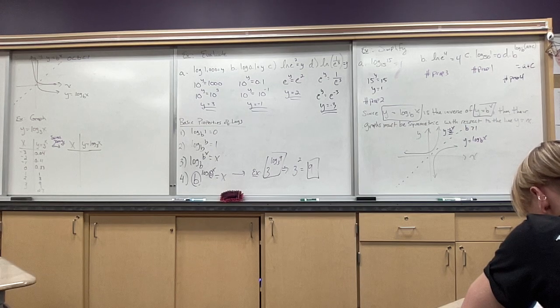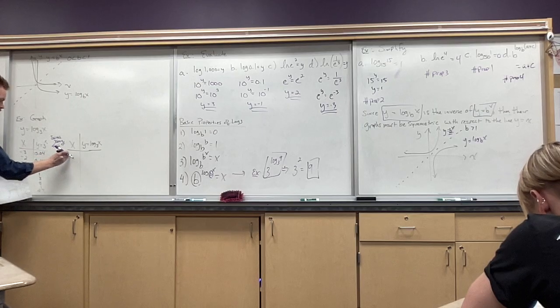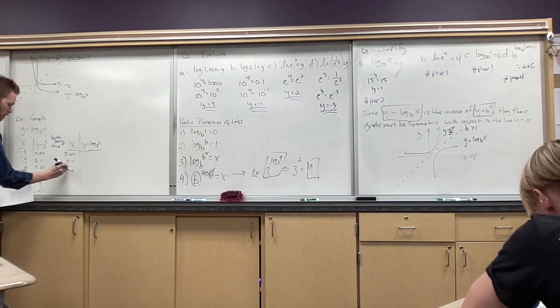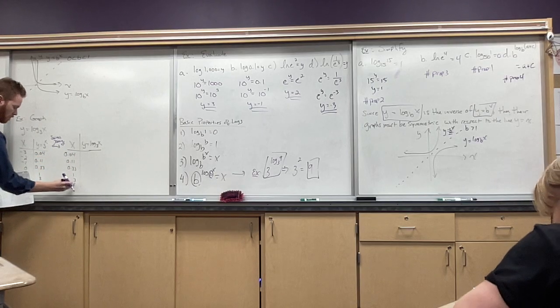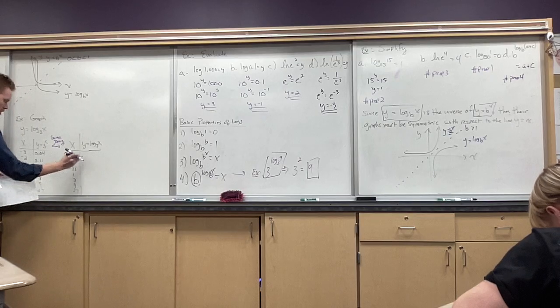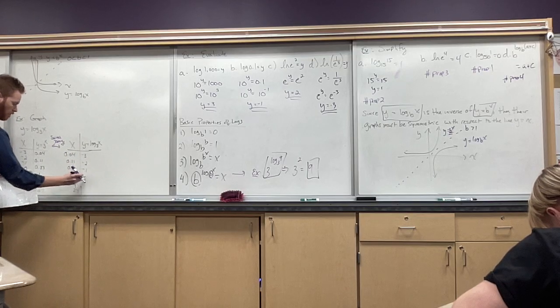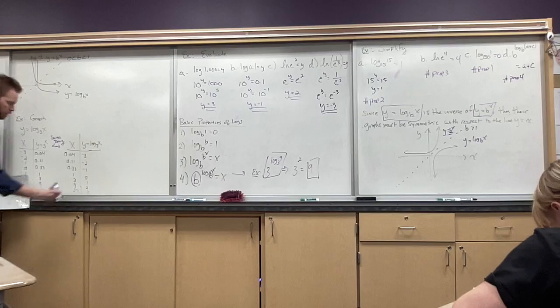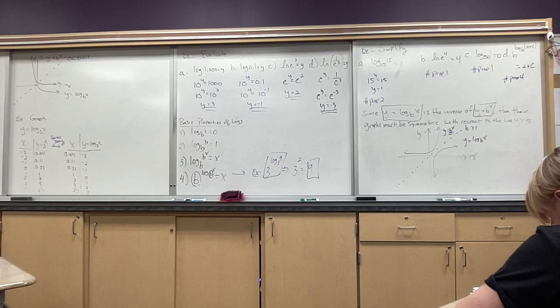When you're symmetric across the line y equals x, you're just flipping things. So this is all it's gonna look like. So that's literally what I did. I just flipped them around. That's my xy table for this graph now.